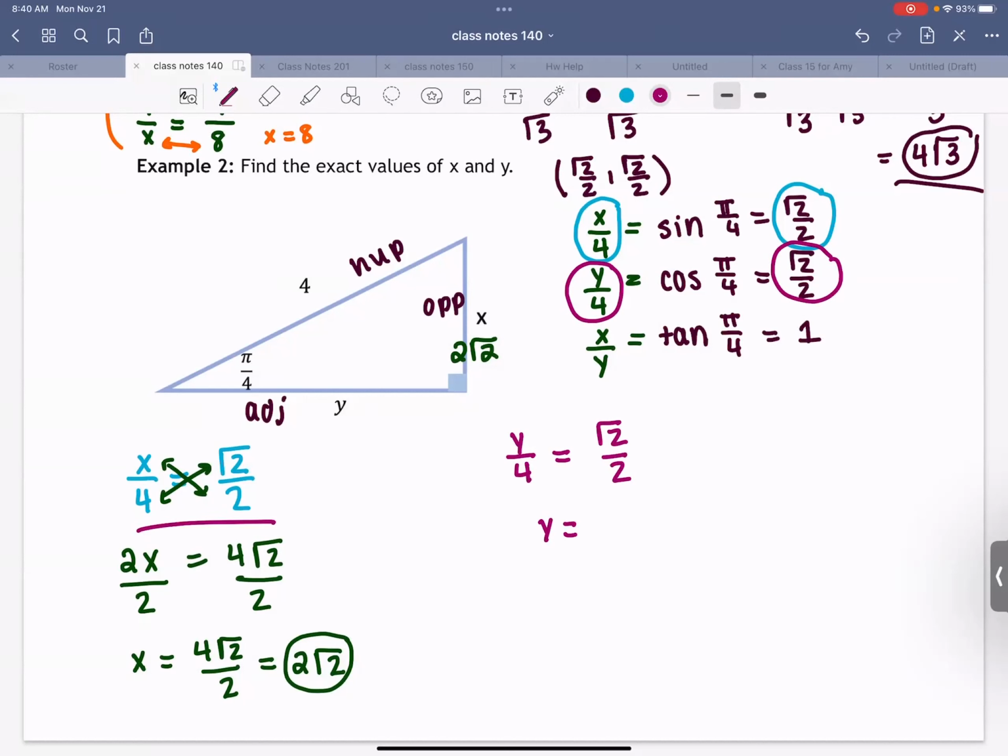It's literally the same equation, except instead of writing y, I wrote x. So I'm not actually going to solve it because I know it's going to be 2 root 2, because it's the same equation. So I saved myself some work here. I found what y is, and that's all I need to do. Any questions on this example?